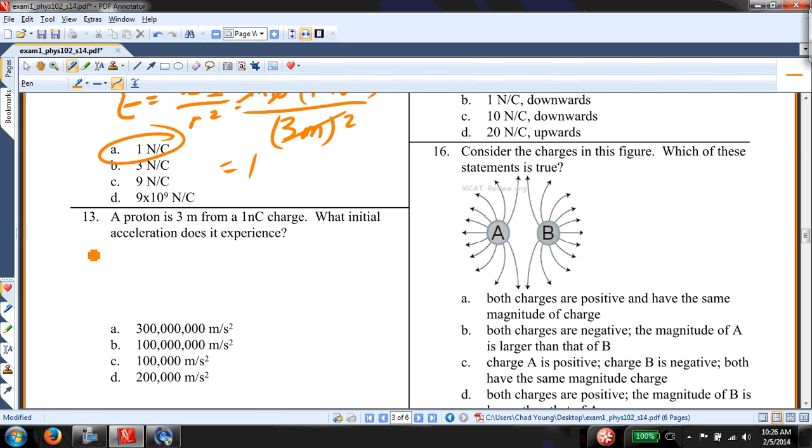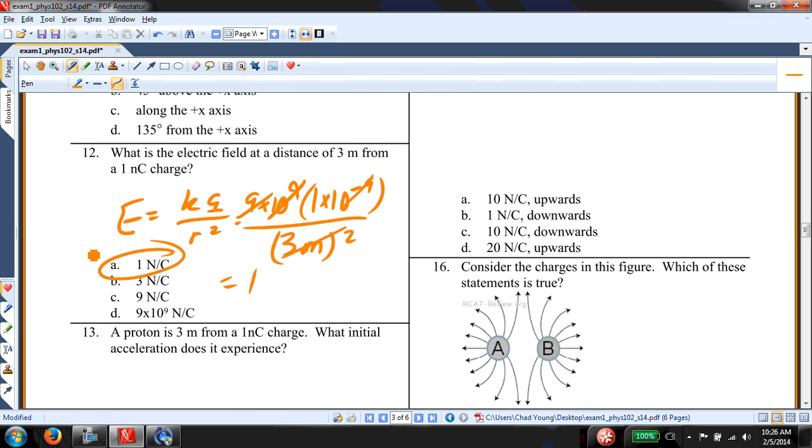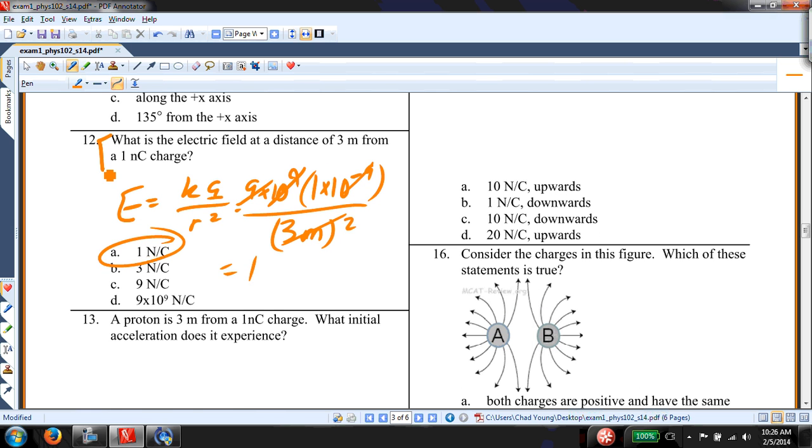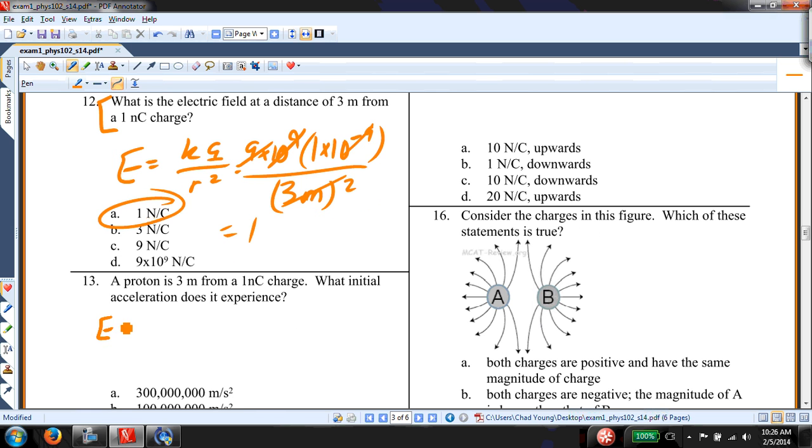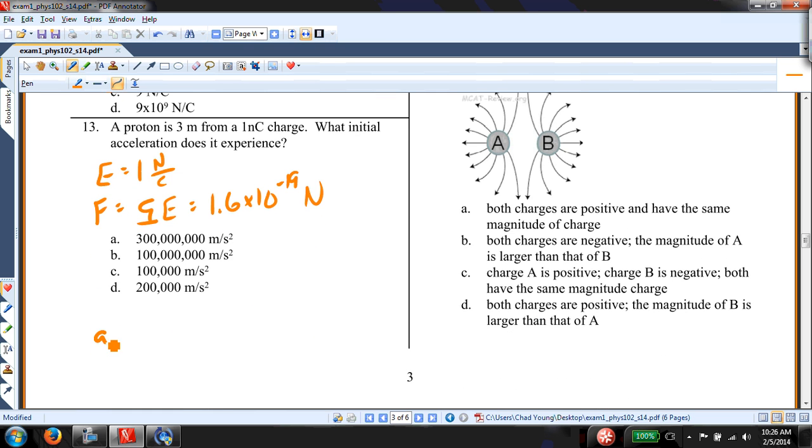A proton is 3 meters from a 1 nanocoulomb charge. What initial acceleration does it experience? Well, look, this is what I had up here. So I know that the electric field is 1 newton per coulomb, right? And I know that the force then is Q times E, which is going to be 1.6 times 10 to the minus 19 times 1, so it's just going to be that number. And then a is F over m from Newton's second law.